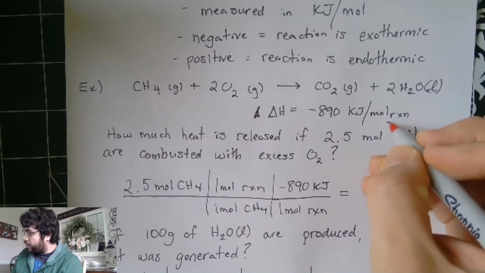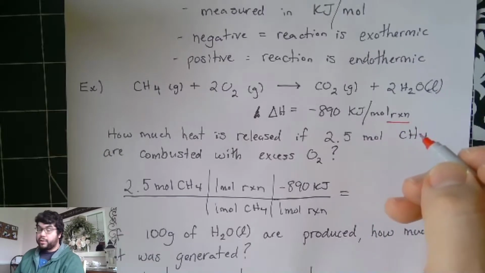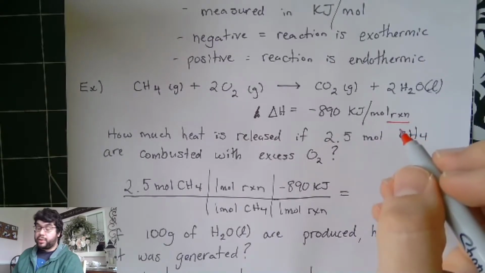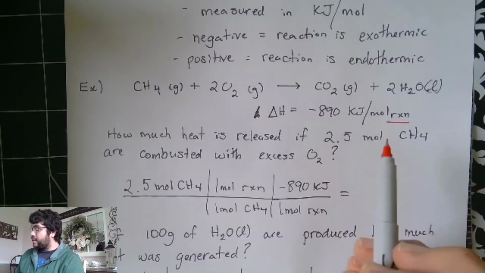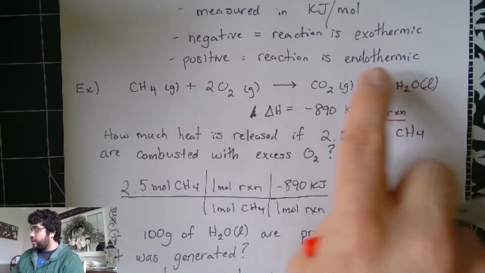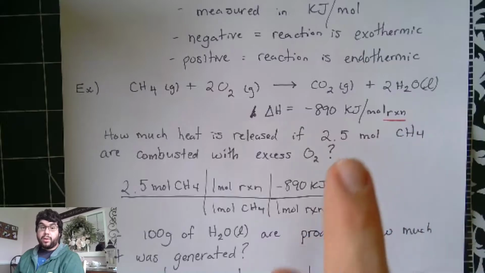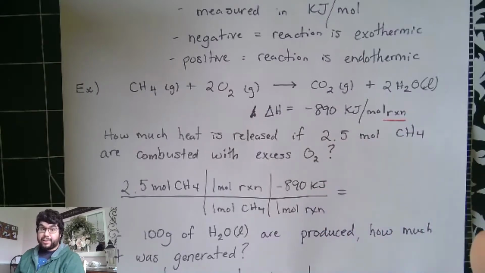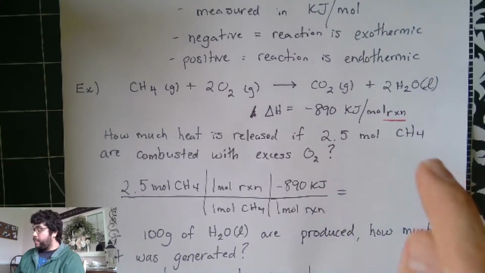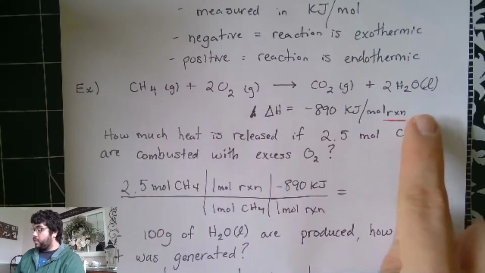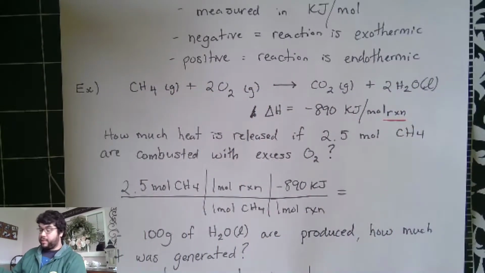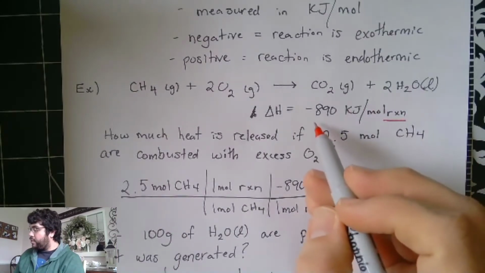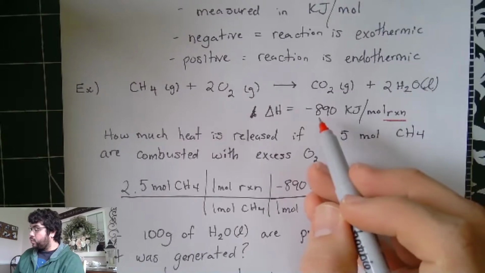Now, I'm going to put that reaction part underlined because that is actually a really important thing to remember. What this is saying is that if this reaction were to happen 1 mole times, kind of a weird term to use, that's a lot, 6.02 times 10 to the 23rd, something like that, then 890 kilojoules of energy would be released.